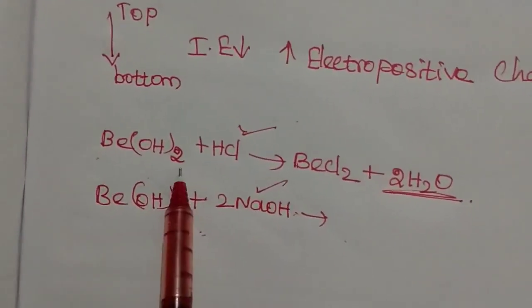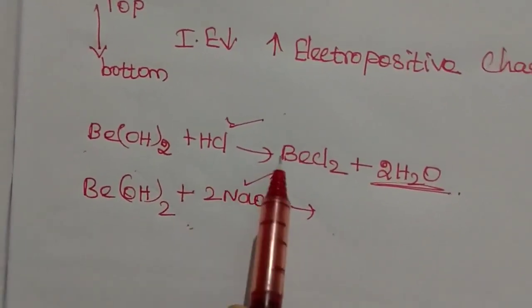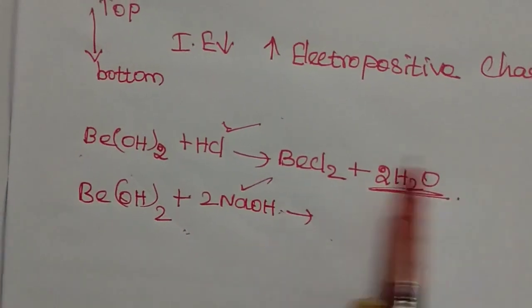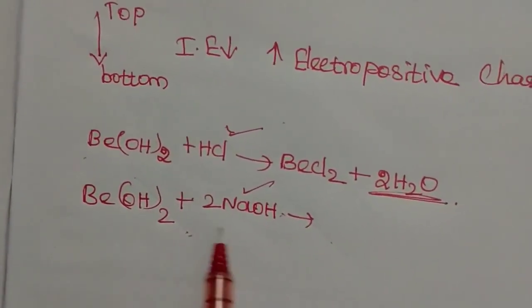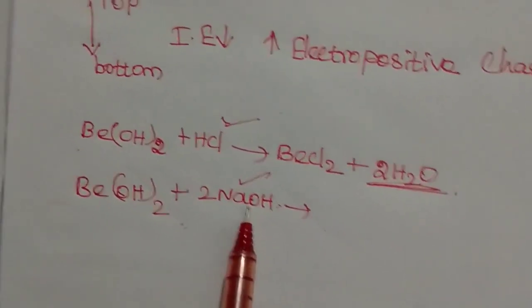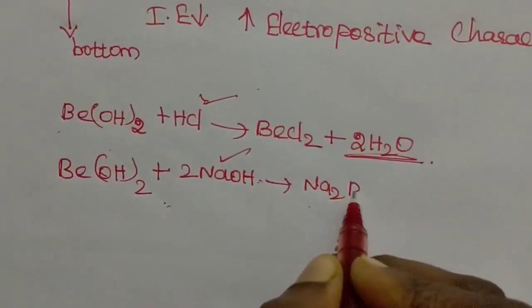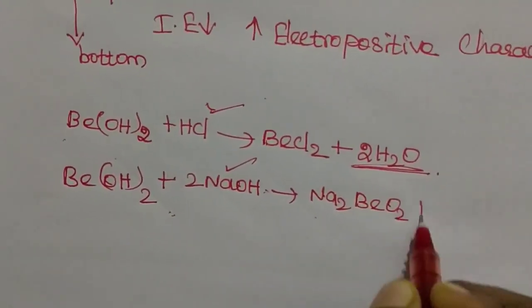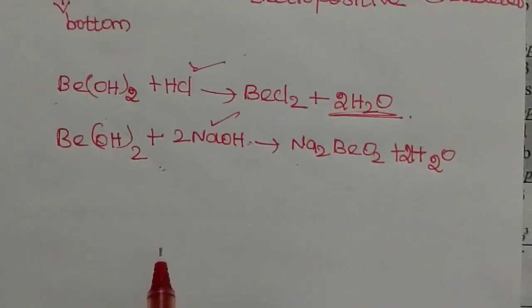First, beryllium hydroxide reacts with hydrochloric acid and produces beryllium chloride with water. And when it is treated with the basic compound sodium hydroxide, they produce Na2BeO2 plus 2 molecules of H2O.